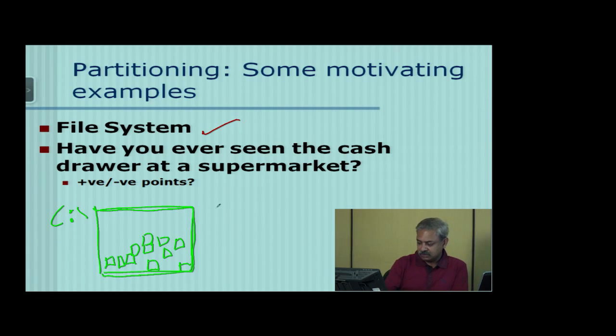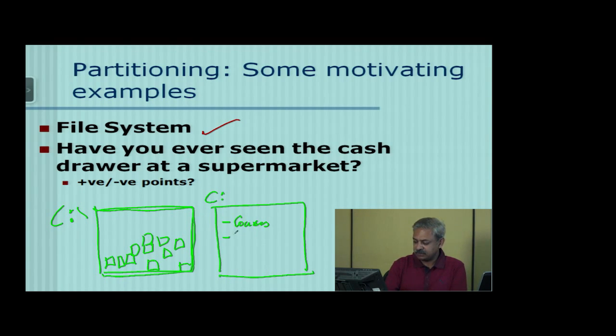Now suppose I give you another situation where this is your C colon, and then you have made some subdirectories in it. One subdirectory is about your courses that you are doing probably in this semester, and then you have something about your projects that you are working on currently, and some personal files.